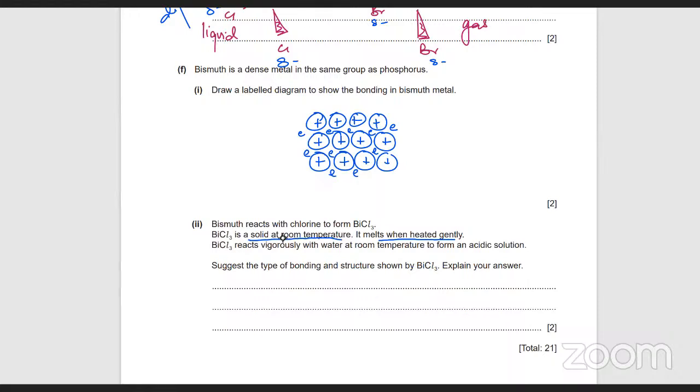Low melting and boiling points, right? तो जब भी कोई चीज होगी जिसके मेल्टिंग और बॉइलिंग पॉइंट लो होते हैं तो it's definitely a covalent molecule. So the bonding is going to be covalent and the structure is going to be simple molecular with weak intermolecular forces.